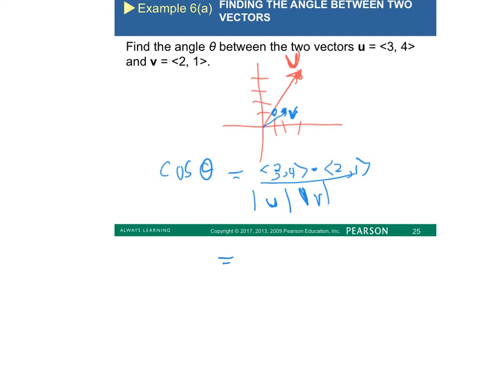I should have worked it out, but I wanted you to see it. So let's do the dot product of those two.